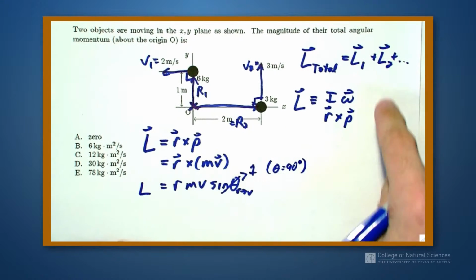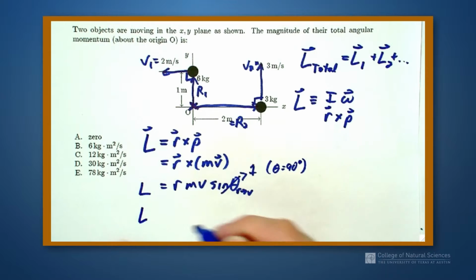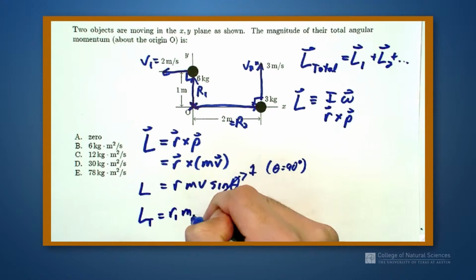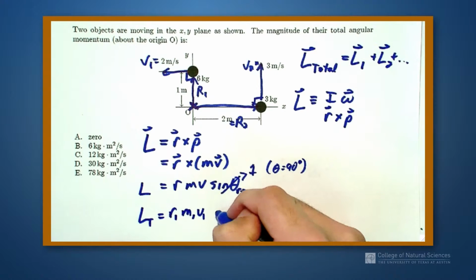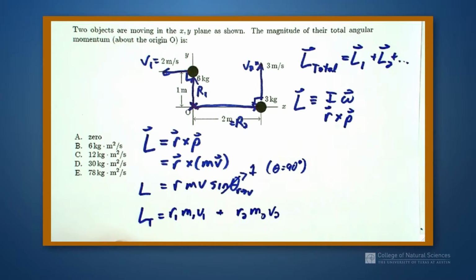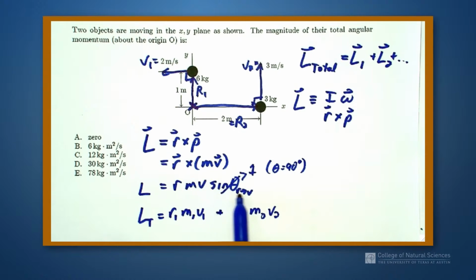All right, so let's add up all of our totals. Our total angular momentum is equal to r1 m1 v1 plus r2 m2 v2. Before I get any further, I put a plus sign down, but I don't know if I add these or subtract these, so I want to be very careful that the direction from the cross product is right.